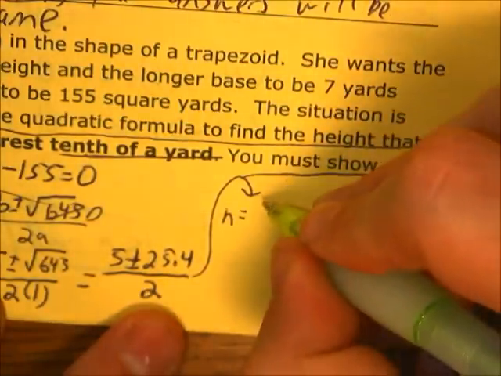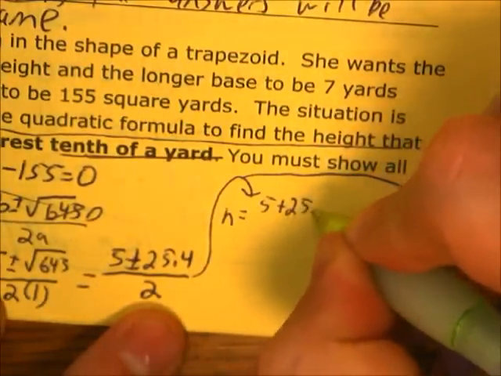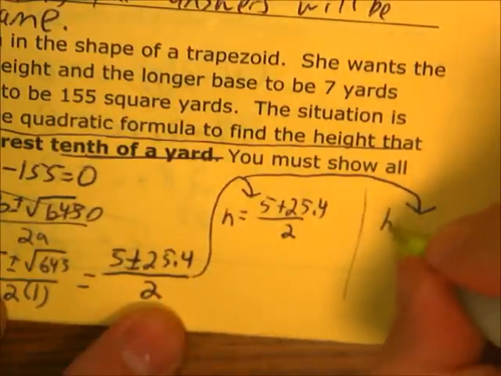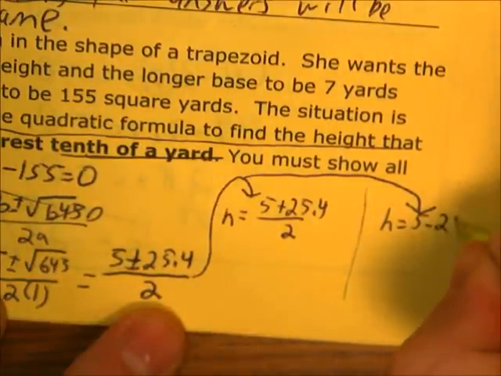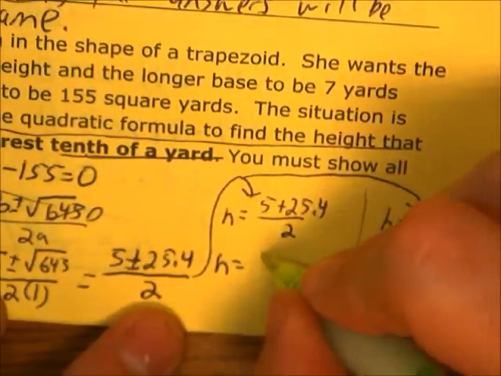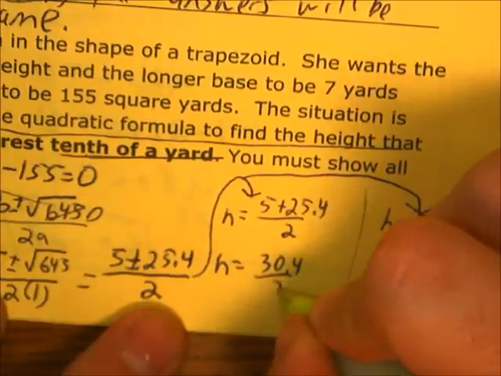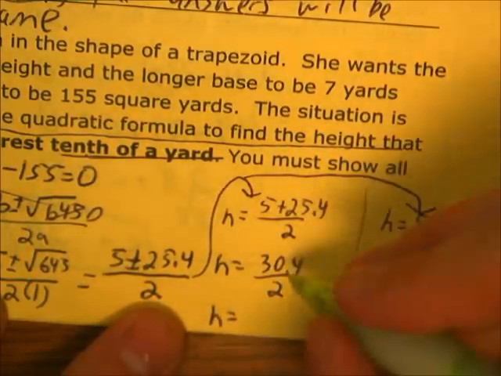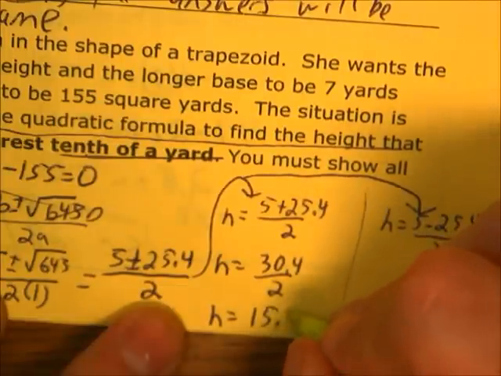H equals 5 plus 25.4 all over 2, and H equals 5 minus 25.4 all over 2. Now, add that together, gives me 30.4 divided by 2, which is going to give me 15.2.